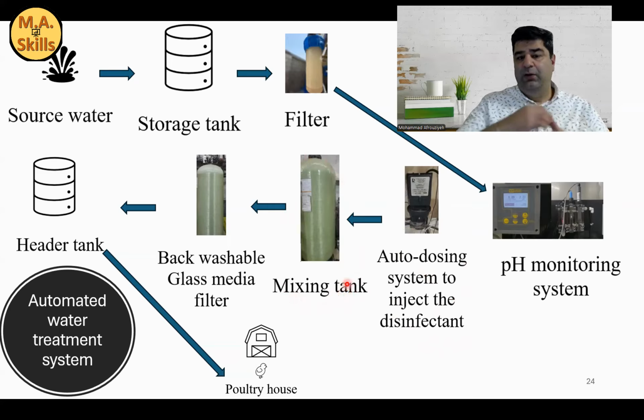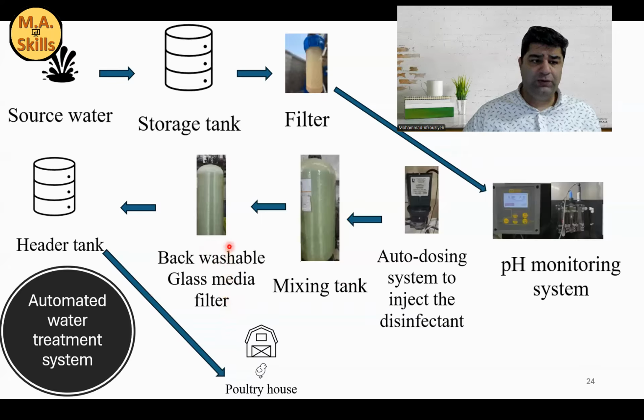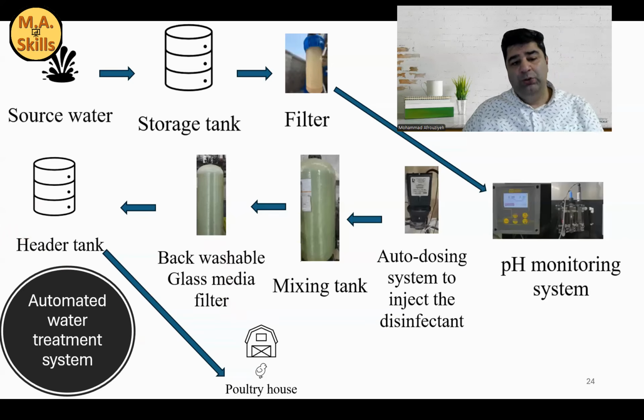So here, water and that disinfectant is going to be mixed thoroughly, and then it can go to a backwashable glass media filter to filter out any residuals, and then it can go to a header tank to be stored and go to the poultry house. This is the clean water that can be transferred into the barn.